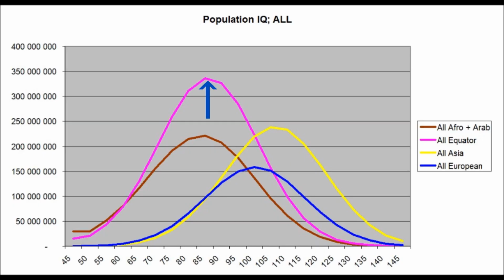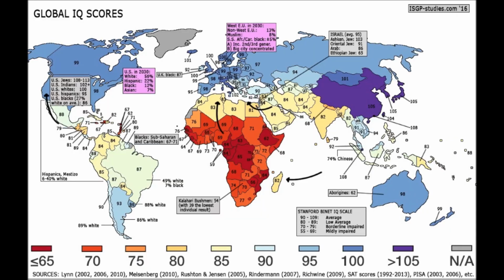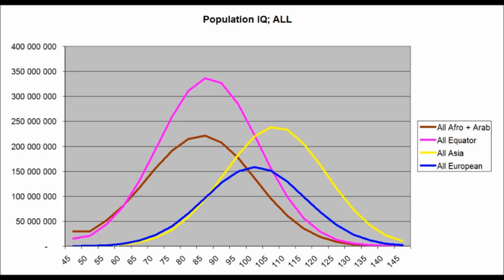Then I have made an Equator group, like Brazil, India, all these countries around the Equator, which seems to have quite a different shape of the children to grown-up ratio, but still a relatively lower IQ.